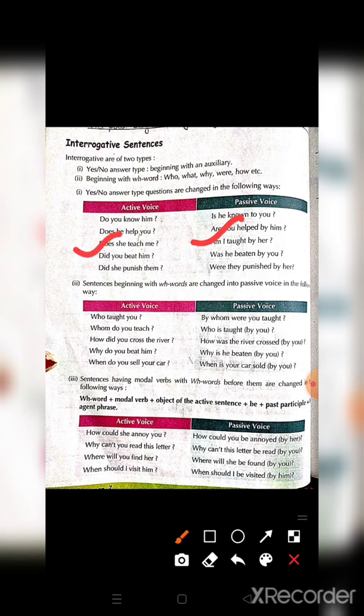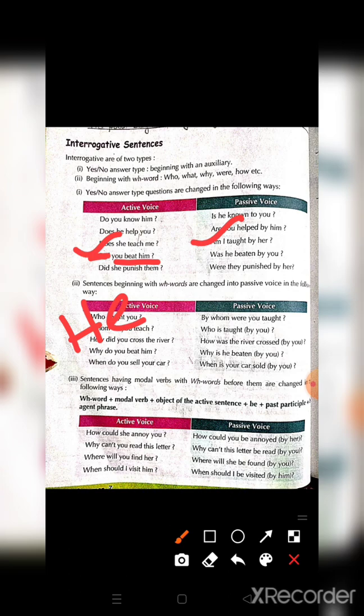Again, did you beat him? So here also, in a shortcut way, we will not see this did, we will see you beat him. If we change this sentence to passive voice, this object will become the subject. So it will become he.